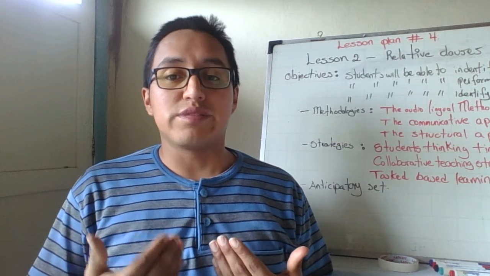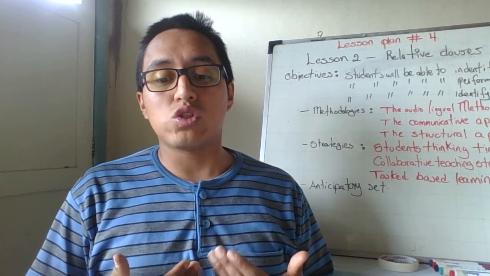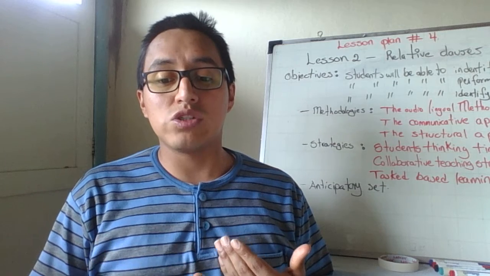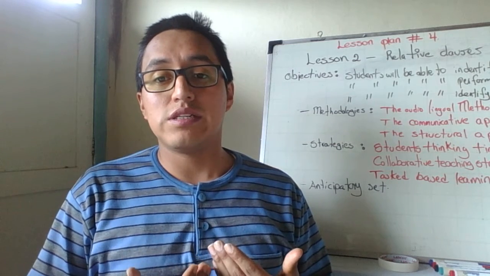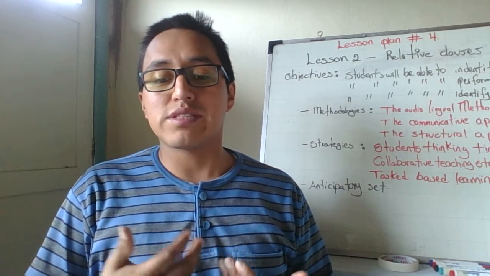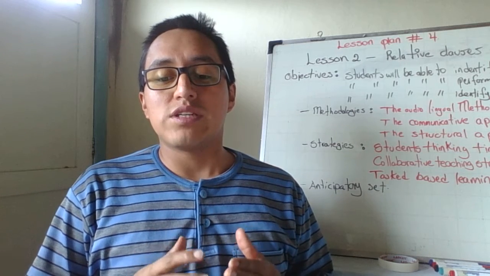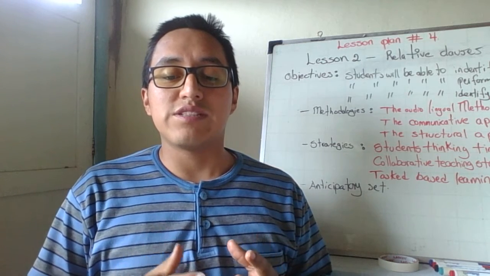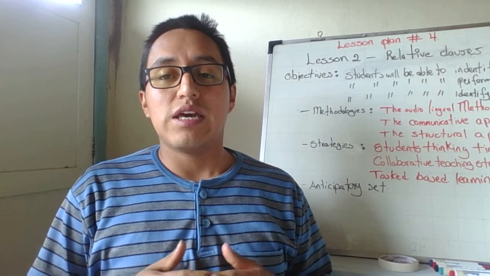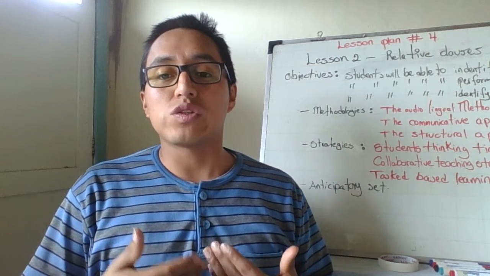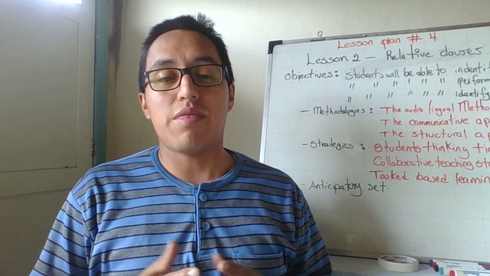The other objective is that students will be able to perform conversations more fluently, and another objective is that students will be able to identify different types of relative clauses and improve their ways of writing.